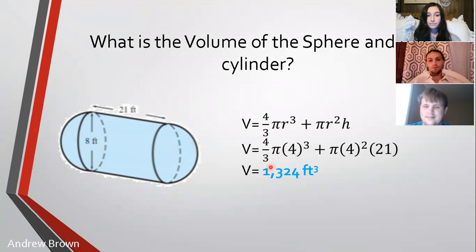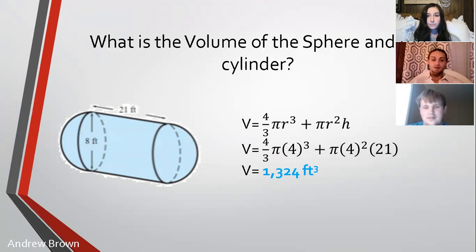This is the whole process, but we're just going to look right here. The volume for this is 4 divided by 3 pi r cubed plus pi r squared times the height. Since we've been given the formula, all we need to do is plug in for the answer.